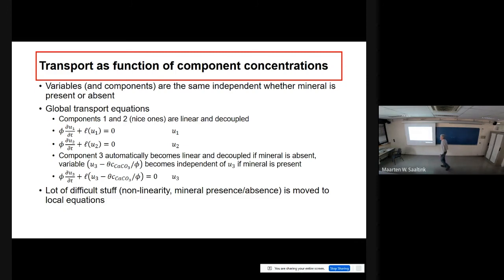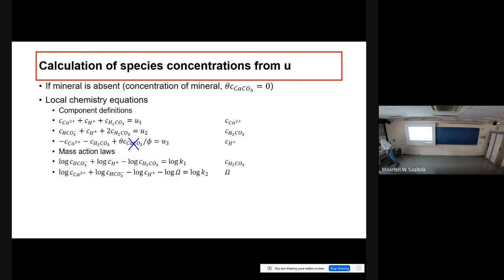So actually, I would say the nice thing is that I don't have to think about whether the mineral is absent or not. All that is moved to the local equations. I can move it to the local equations. So let's first see a little bit how these local equations look when I have to solve them.